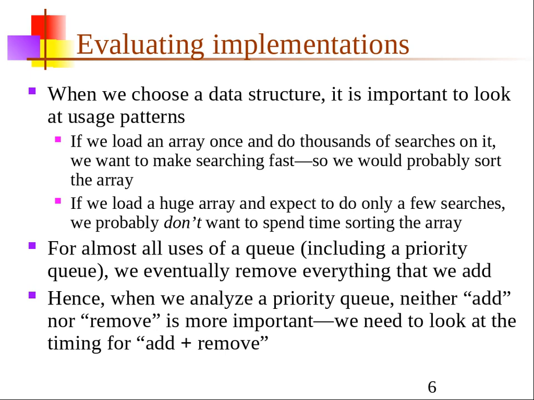It's PQ add/insert, so you know that you're adding with a certain priority. And then, of course, you're doing remove least, which will be the first one, depending on how you set up your data structure.